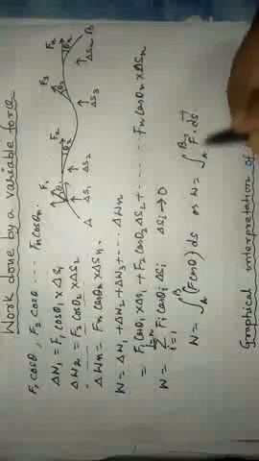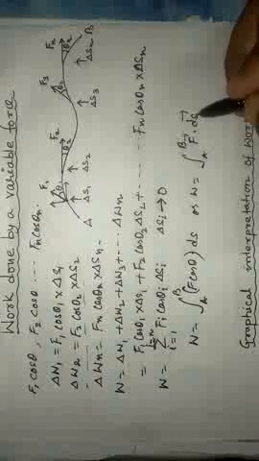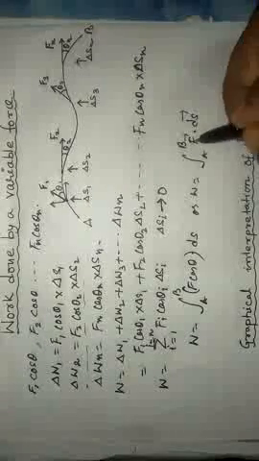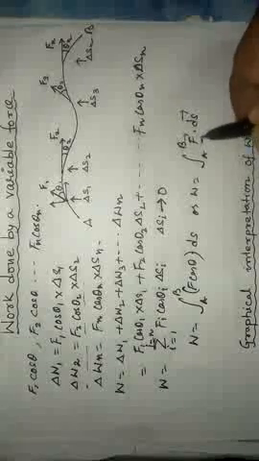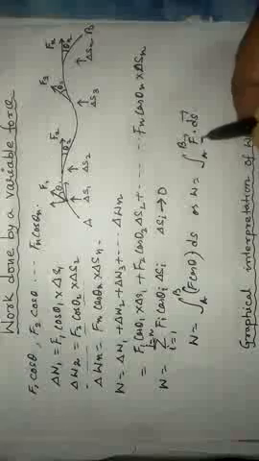Or we can write W is equal to the integration from A to B of F vector dot ds vector, because work done is the dot product of force and displacement. In this case, F cannot be moved out of the integration, because here F is a variable quantity. If F was constant, we could have taken it outside.